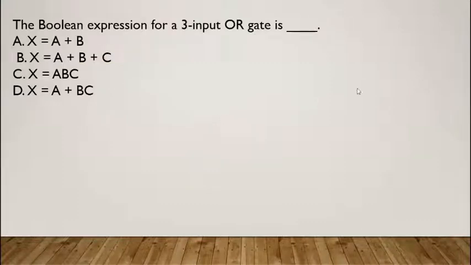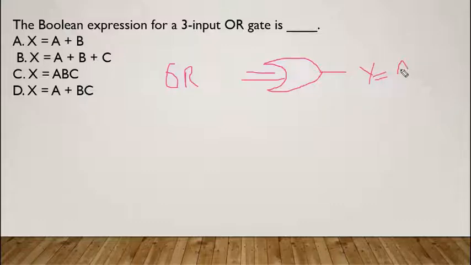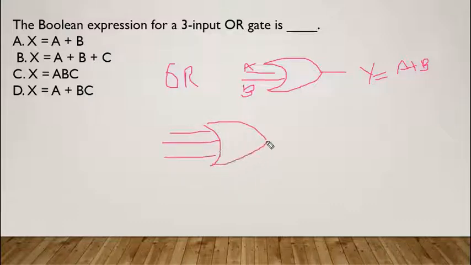The Boolean expression for a 3-input OR gate. So basically for the OR gate, this is the diagram, and the formula is y equals a plus b. A and b are the two signals. Now they are asking for a 3-input OR gate. So simple, just add one more signal and draw the diagram.